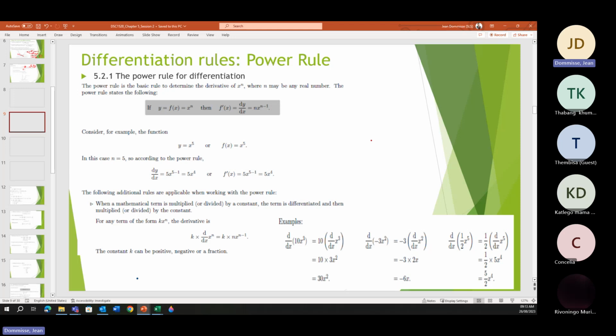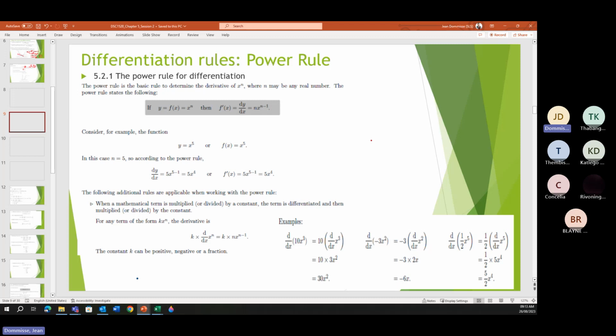I will also give you a few summary pages of the formulas and things that you need to know for this subject. You don't need to go and study the differentiation rules.